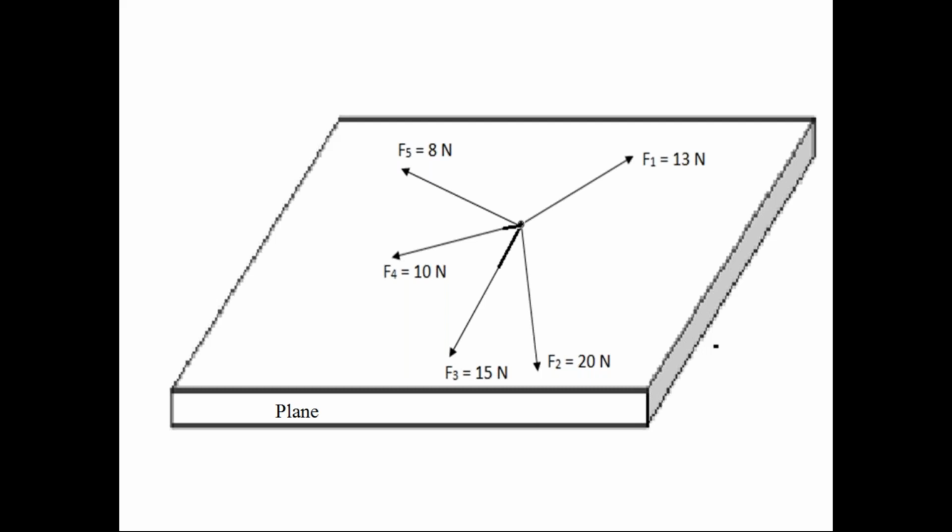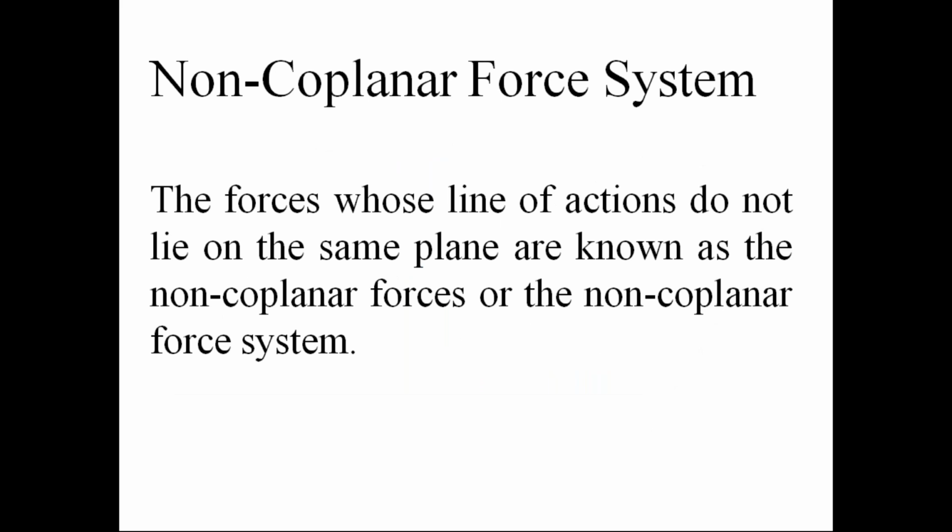Then the next one is the non-coplanar force system. A force system means a number of forces, several forces. Just now we discussed coplanar means same plane. If all the forces act on the same plane, we call it a coplanar force system.